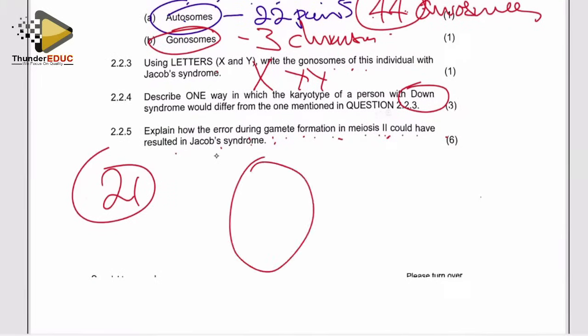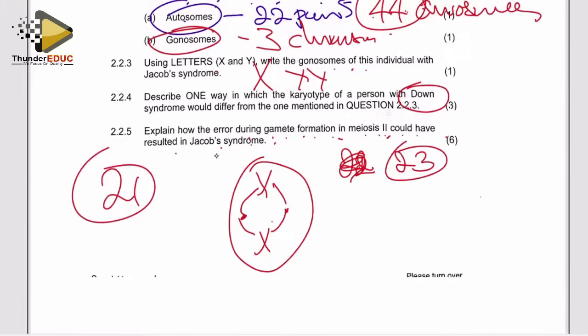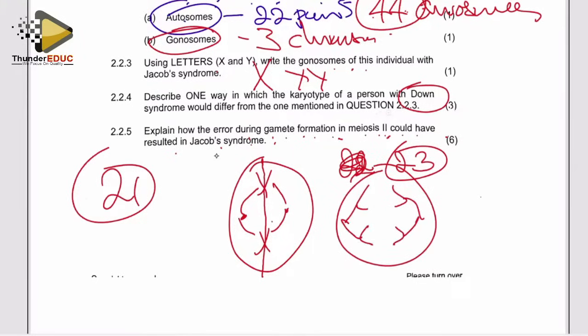It means that during anaphase, the chromosomes of the 23rd pair are supposed to split like this. They are supposed to split so that they look like this, moving to opposite poles.